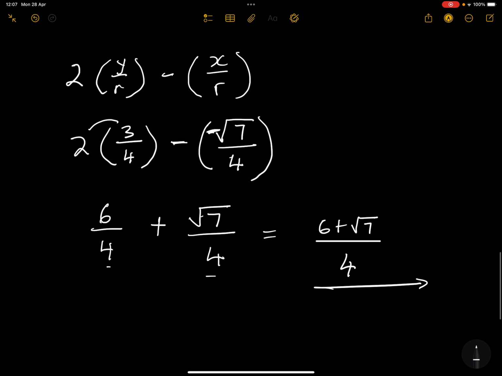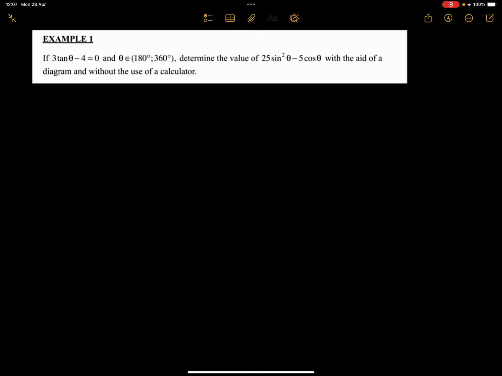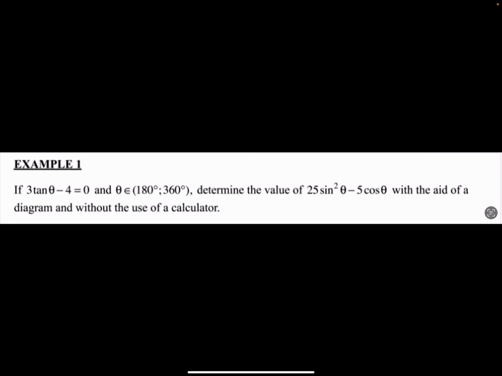All right, so I want us to take an example, and we're going to take some more of these as we continue. All right, so let's take one example. They say to us in this example, we've got 3 tan of theta minus 4, which is equal to 0. And they say theta is an element of 180 to 360.